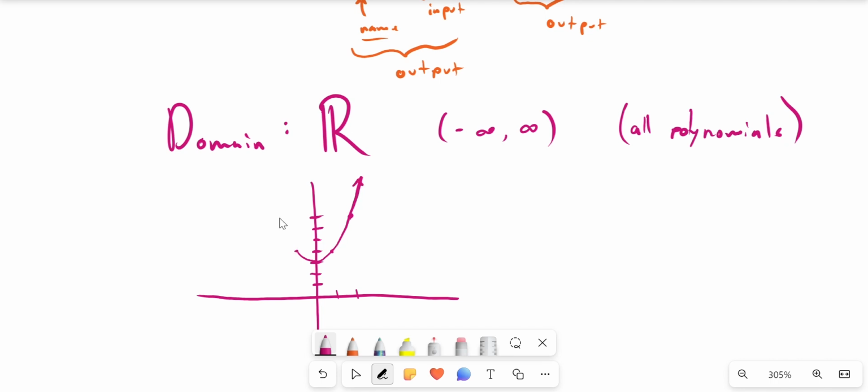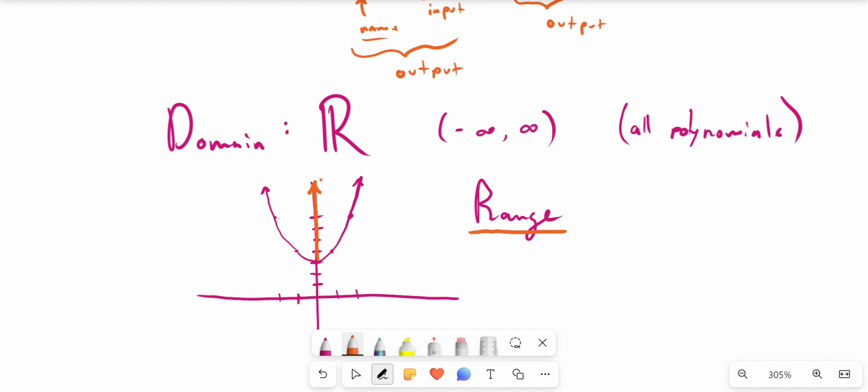That's all I'm looking for. And so we could ask now about the range. What is the range of this guy? What are the y values that get hit? Well, the y values that get hit are precisely these positive y values.